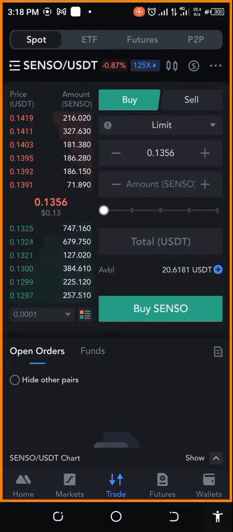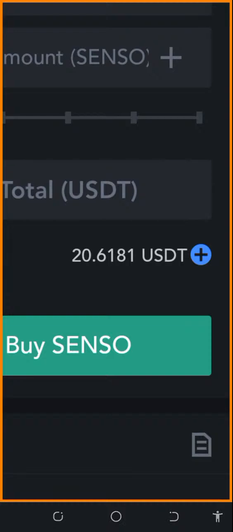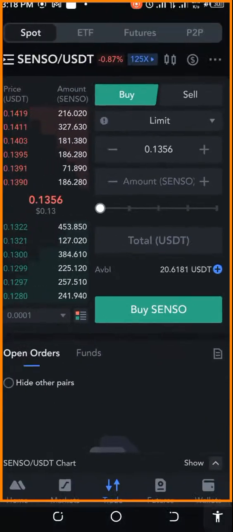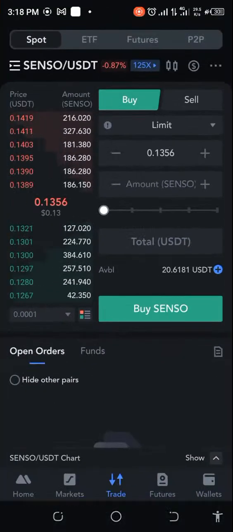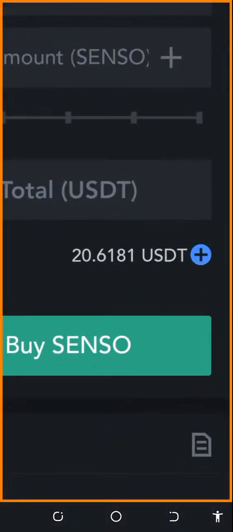Great. So now let's go check our calculations, right? We started off with 20.34. Don't forget that we had 20.34 in our account here. And now we have 20.61.